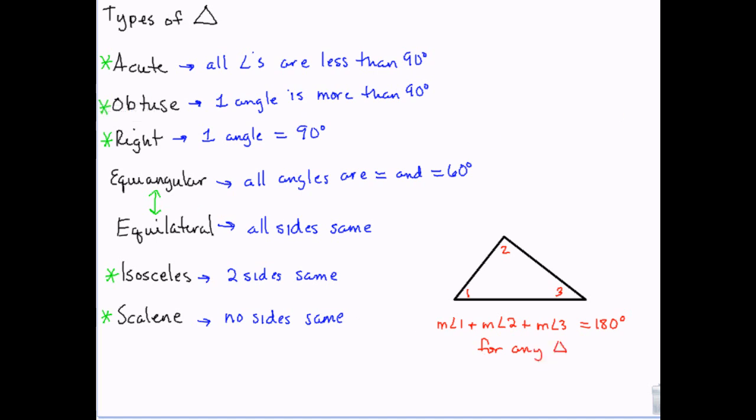Okay. And then we have this special exterior angle thing. If I have an exterior angle, it equals the two interior angles on the other side, for all triangles.